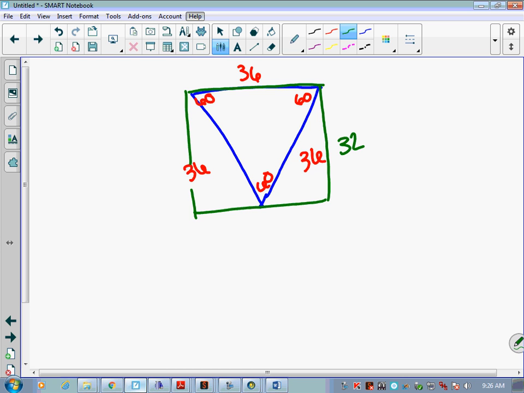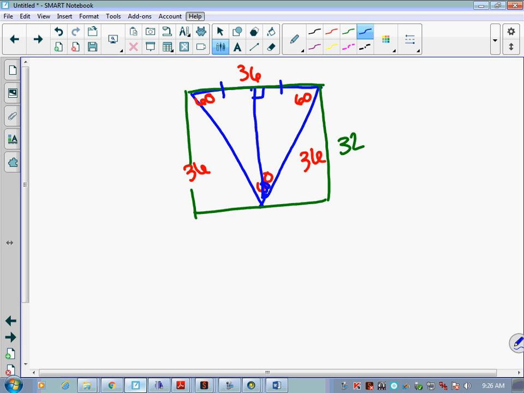The height. I need to know what is this length, okay? And that line right there is called the height of the triangle. And what it's going to do is it's going to cut this length there into two congruent segments. It's also going to bisect this angle right here.